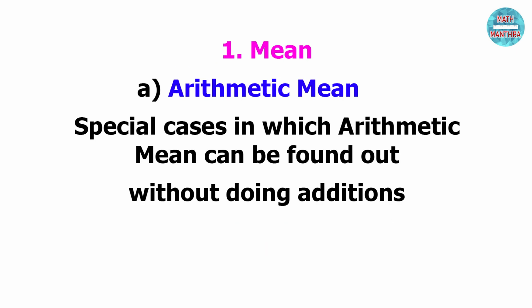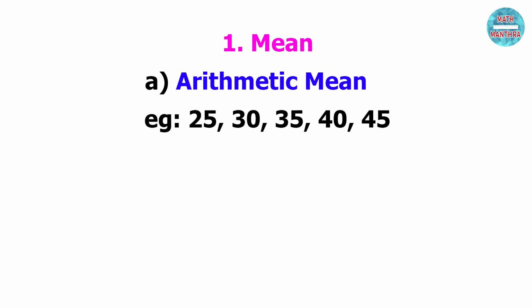Now, there are some special cases in which arithmetic mean can be found without going for all the additions explained above. So let me explain those cases. Here, see the example. The observations are 25, 30, 35, 40, 45.